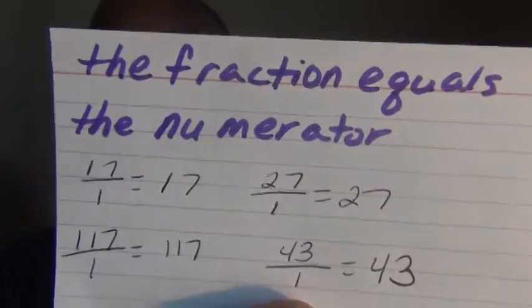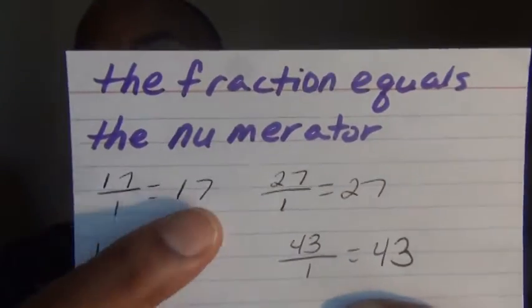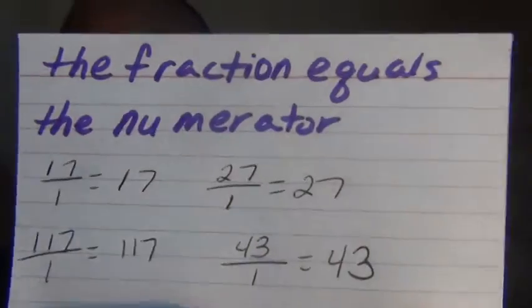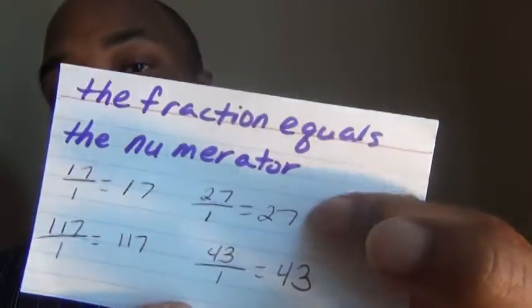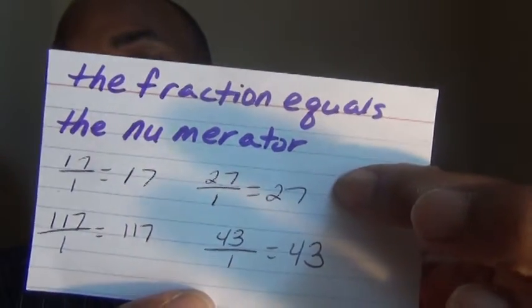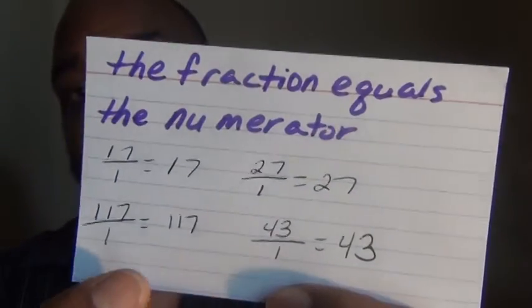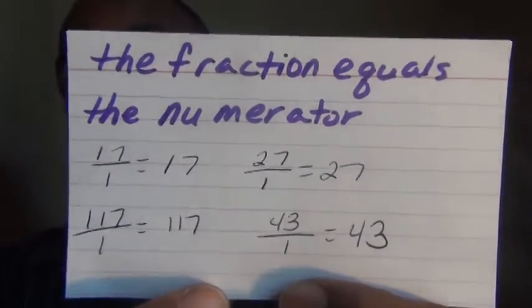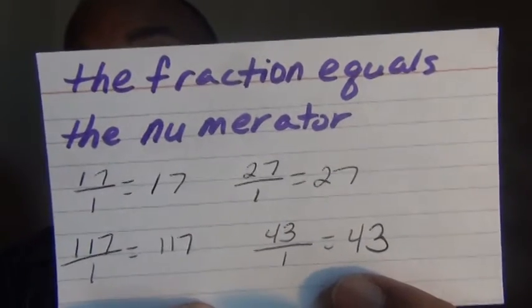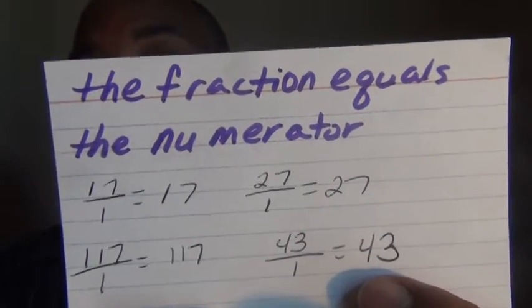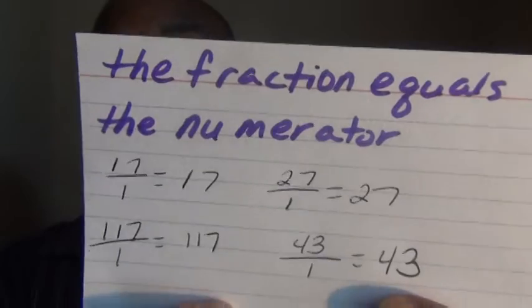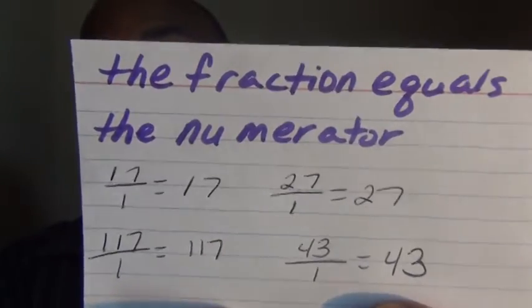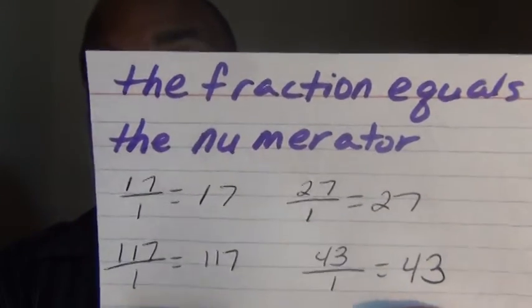So you'll see 17/1 equals 17. You see 27/1 equals 27. You see 117/1 equals 117. You see 43/1, and that equals 43. So again, if the denominator equals 1, the value of that fraction is whatever the numerator is.